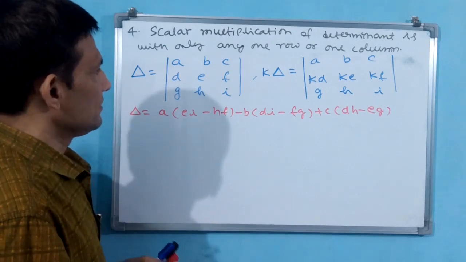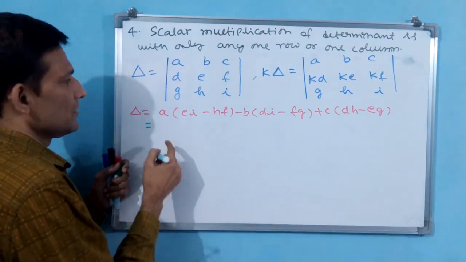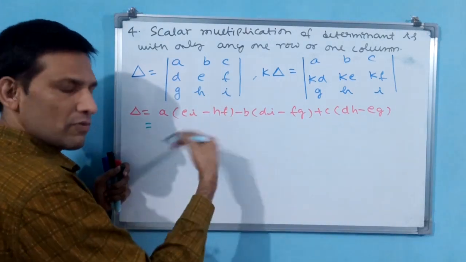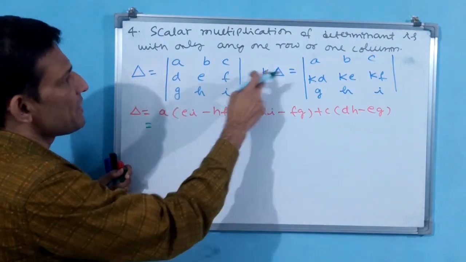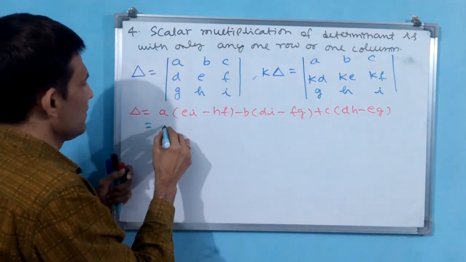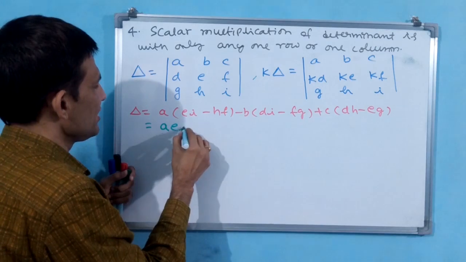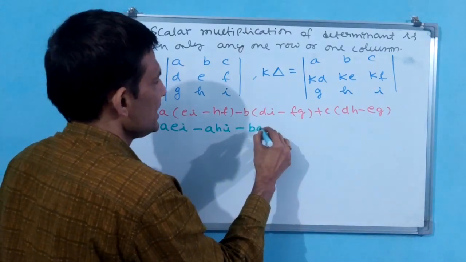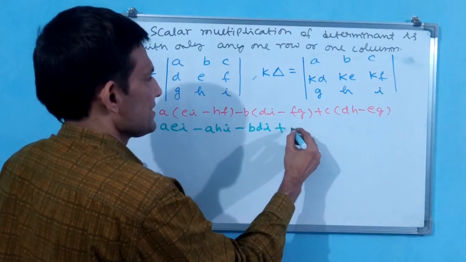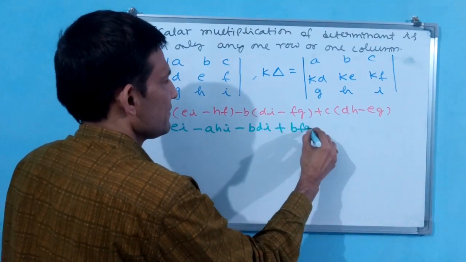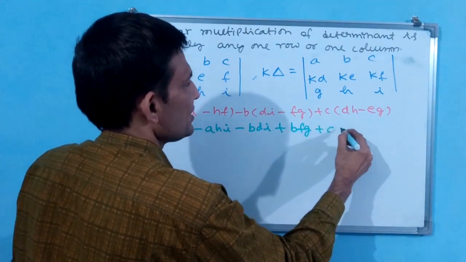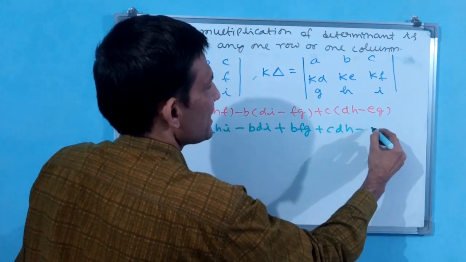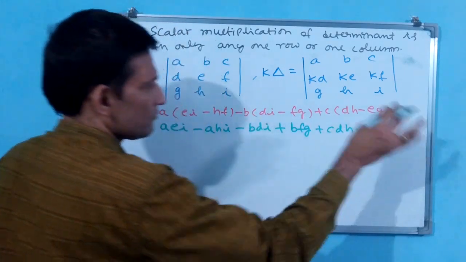Definitely okay. Now you open. Why? Because you have to multiply with K also. K delta also you have to find. First you open: AEI minus AHF minus BDI plus BFG plus CDH minus CEG. Okay.